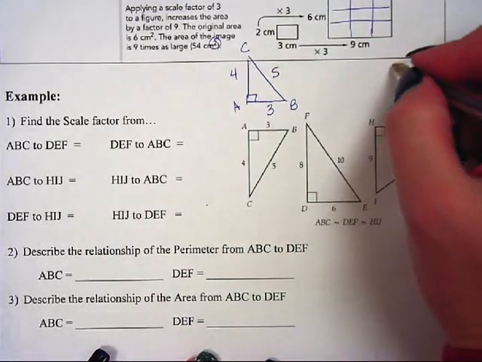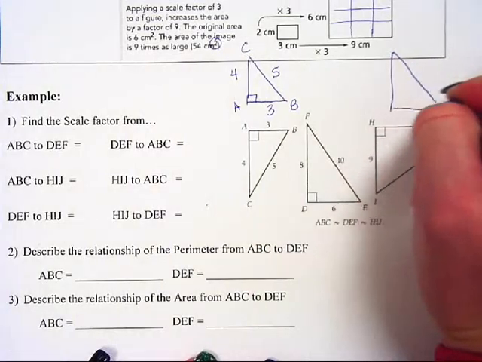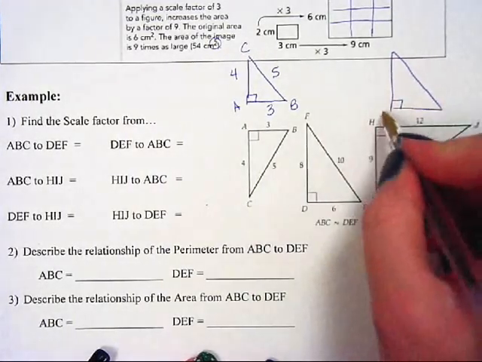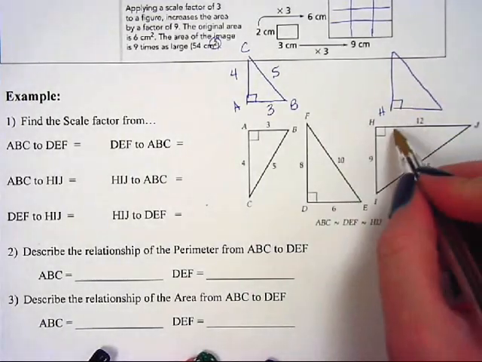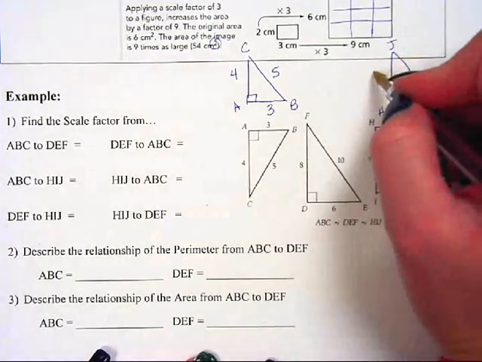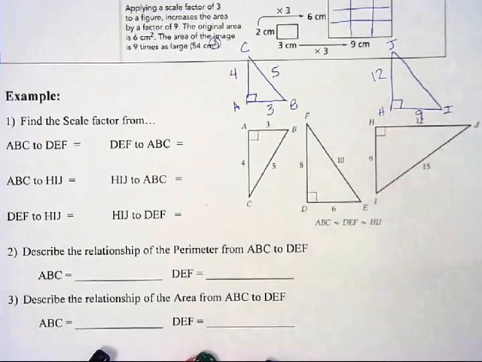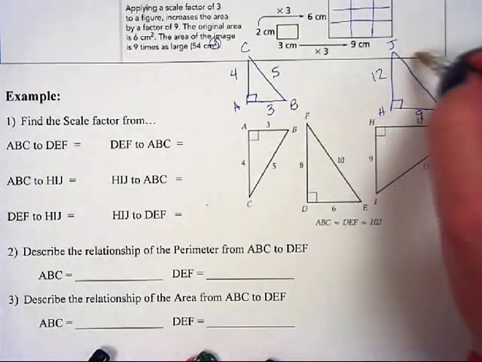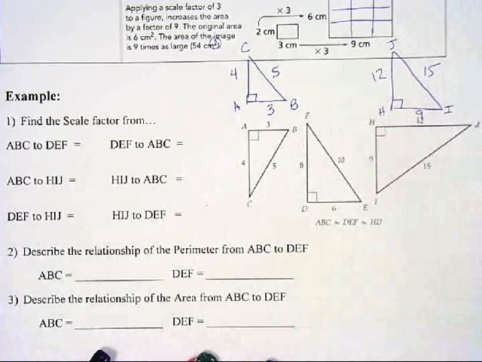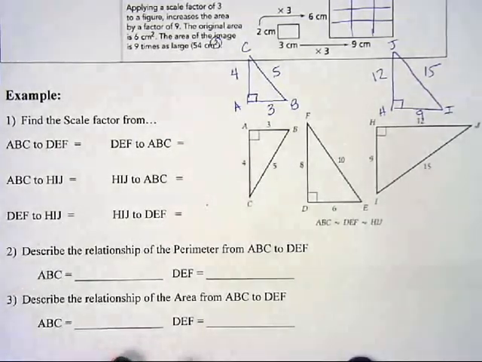Same thing with this one. I'm going to turn it right side up so it looks like the other ones. H was in the corner, J was the longer side, and then H to I was my shorter side of 9. The diagonal part was 15. This makes it a little easier to see what's matching up.